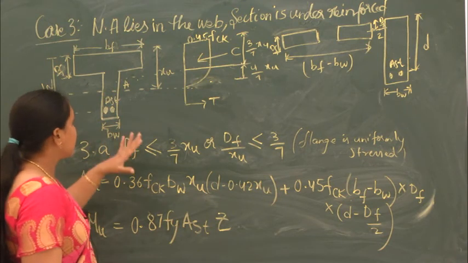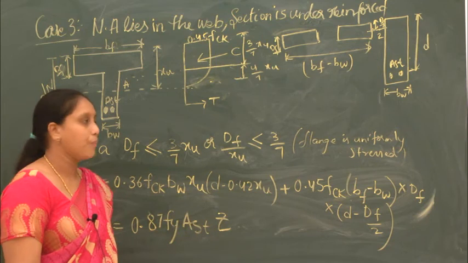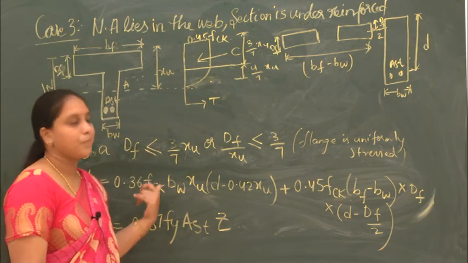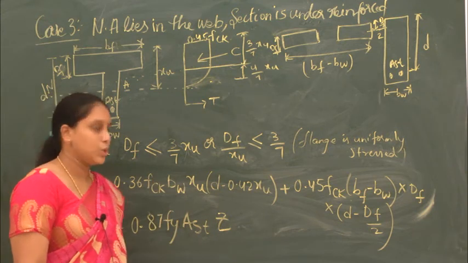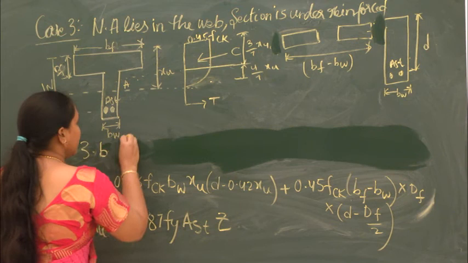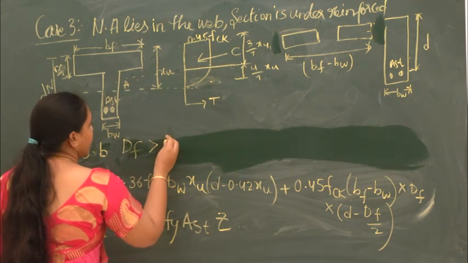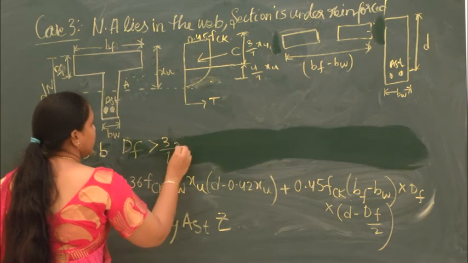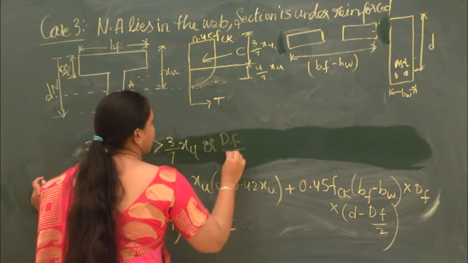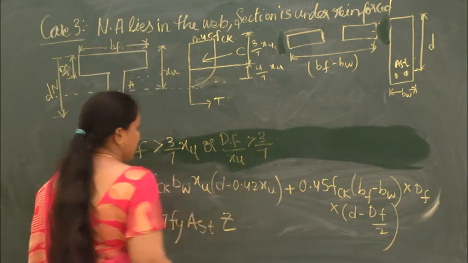Now this is when dF is less than or equal to 3 by 7 XU. Now let us see when dF is greater than 3 by 7 XU. When dF is greater than 3 by 7 XU, or you can also write dF by XU is greater than 3 by 7.